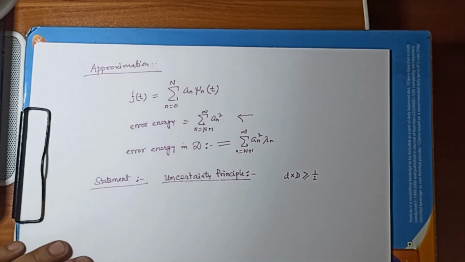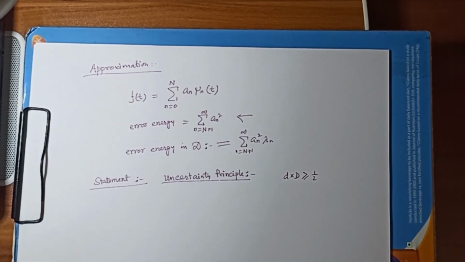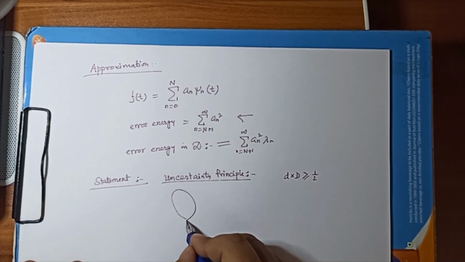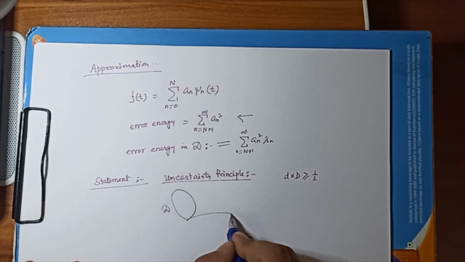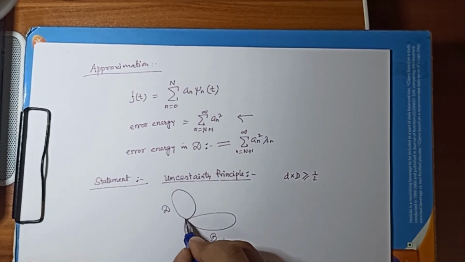Not only that, there was a question that in between these two spaces D and B, we know that they overlap only at the trivial 0 point.